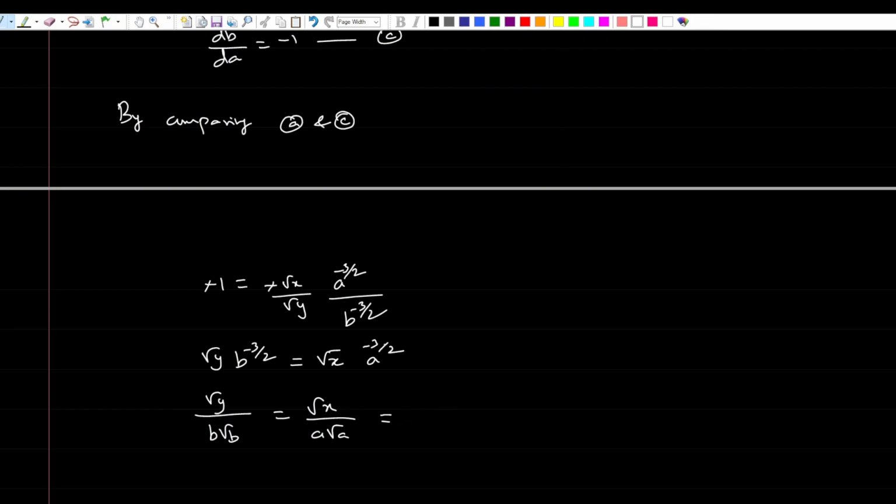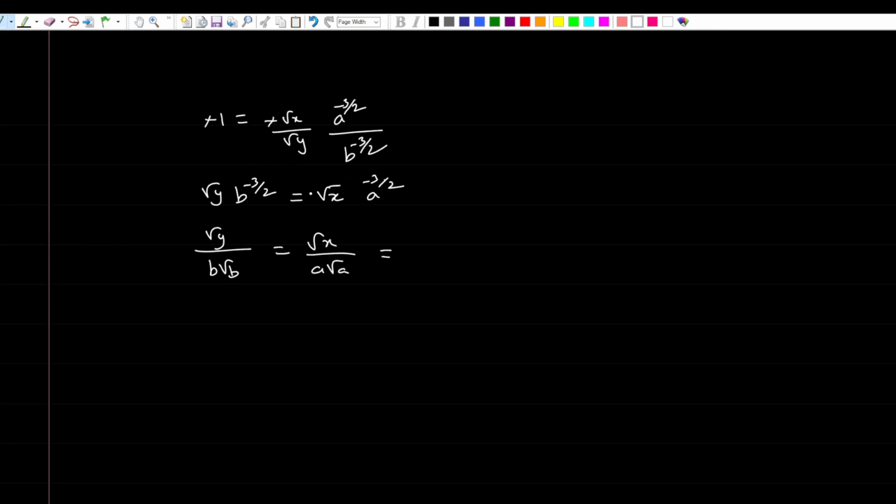So I can write this as root y by root b divided by b is equal to root x by root a divided by a.